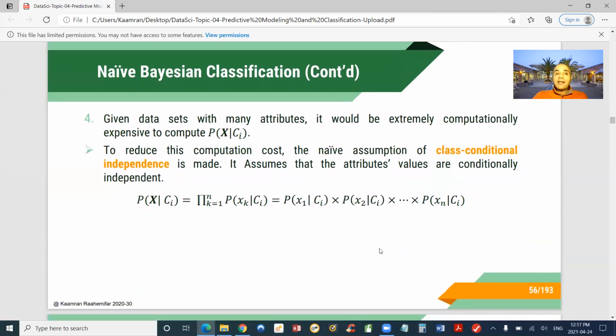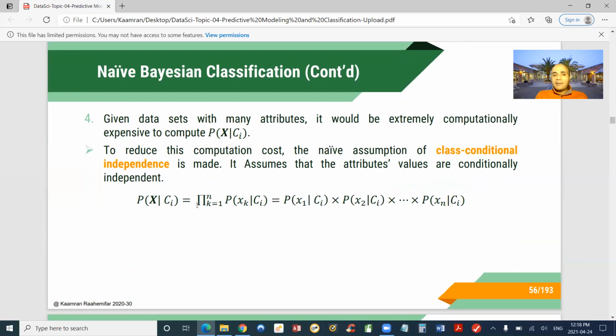This one is a naive Bayesian classification. As you noticed, the P of Ci is actually removed. It's a scale value. It's something that is constant. You saw at the end of the previous recording that the P of X, being constant, is basically going to act like a scale value.